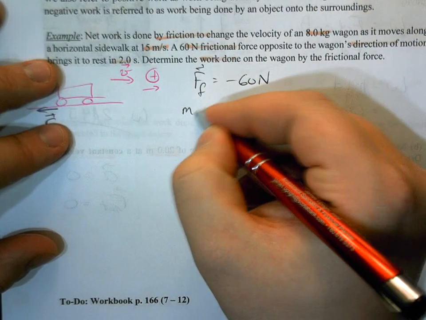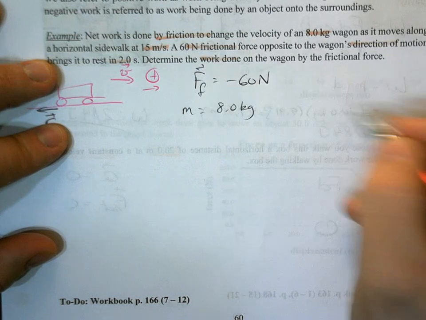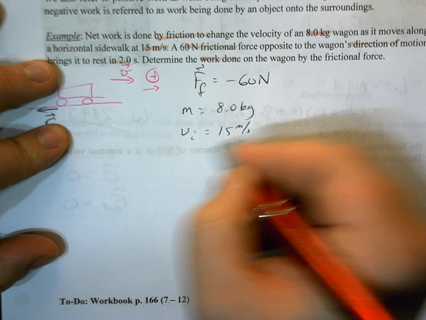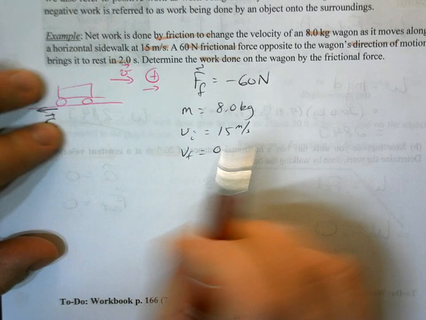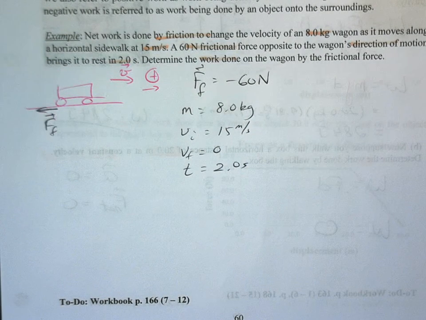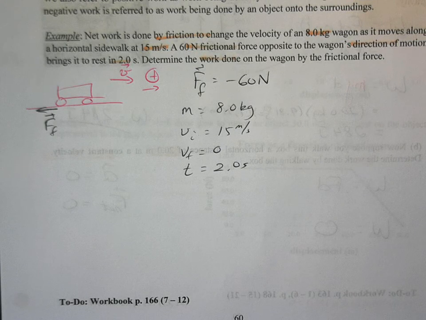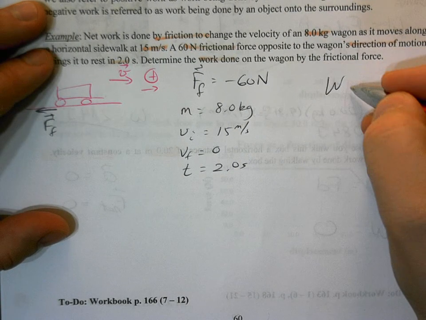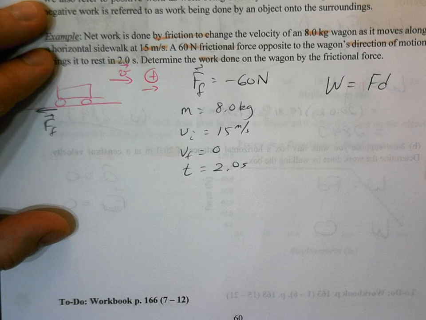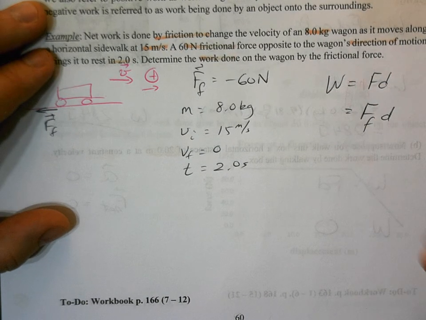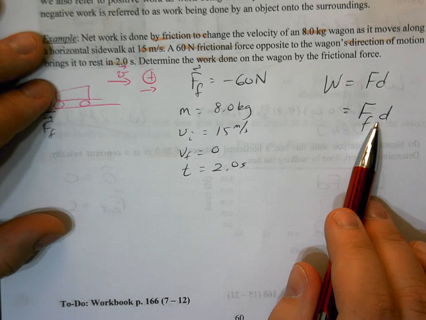We know the mass is 8 kilograms, and we know that the initial speed is 15 meters per second. We're told it's going to come to rest, so Vf is 0, and we have a time of 2 seconds. We would like to determine the work done by the force of friction. Now, we know that work is just going to be F d, or in this case, since we want the work because of friction, we're going to use the force of friction here.